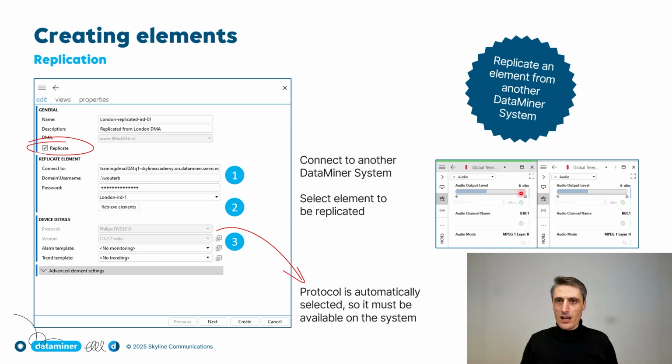So here you have two elements, so they are both showing the same values, so they are replicating, but one is, for instance, in green, the other one is not in green, so the monitoring could be different on both systems. So keep that in mind. Don't overpoll an element. Be careful with polling too much. If you need it on different DataMiner systems, think about that replication of an element that is possible.